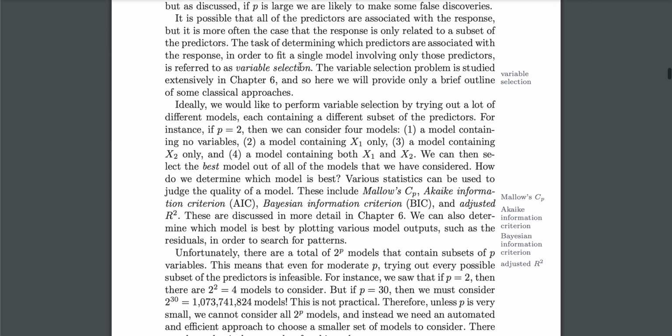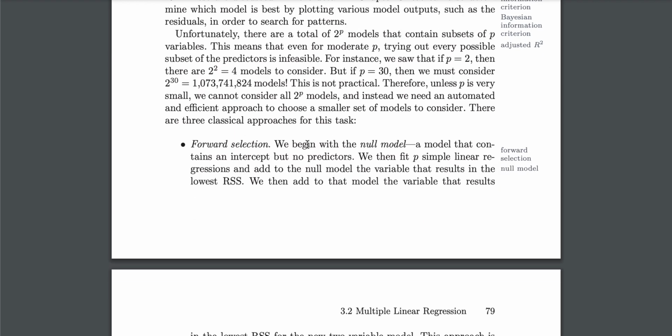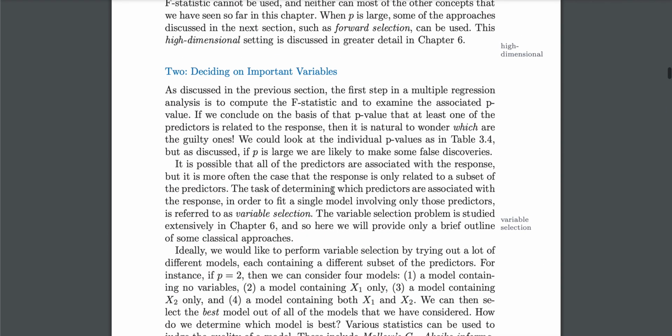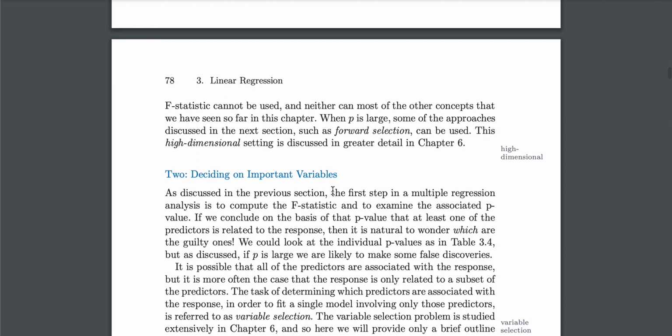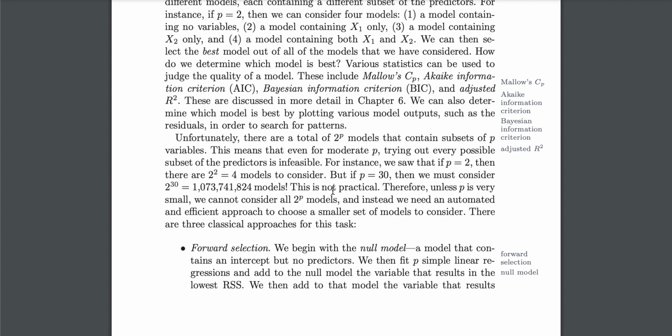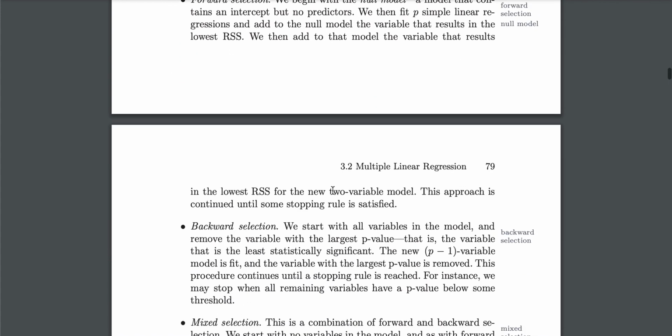So it's on page 78 of the ISLR book. I suggest you read this. I covered the main topics that I'm covering, but just as a point of reference, in case you wanted to know where in the book to look.